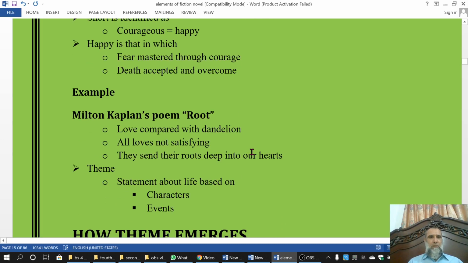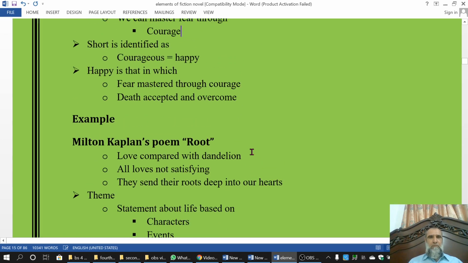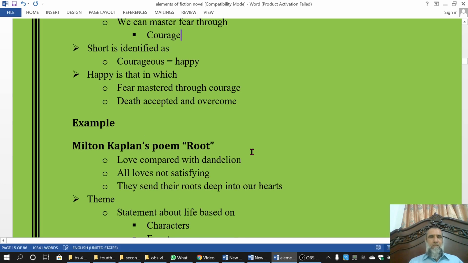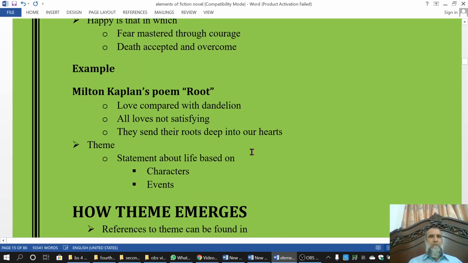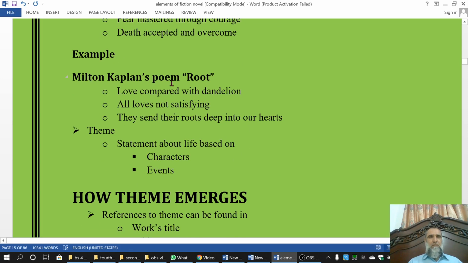There is a poem. We gave an example of a poem in order to explain our point: theme, what is meant by theme. In this poem named Root by Milton Kaplan, not that famous John Milton, it is Milton Kaplan, love is compared with a dandelion.